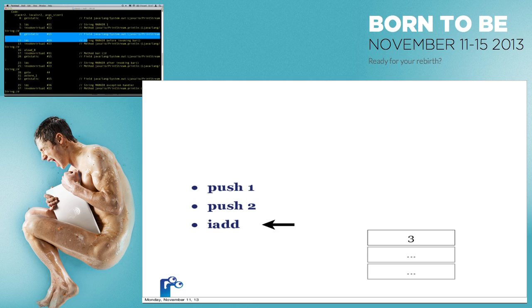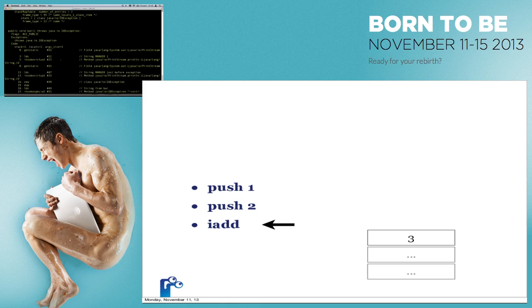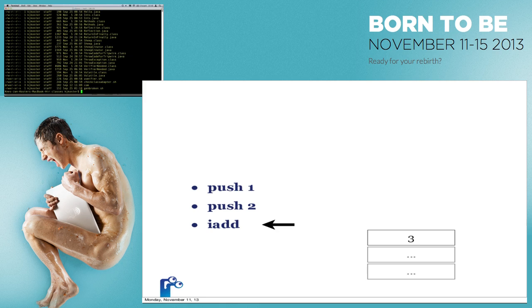So if in this block an IOException happens, then you jump to line 31. Right, is this clear? This is exception handling as the JVM does it. Okay. Anything else?